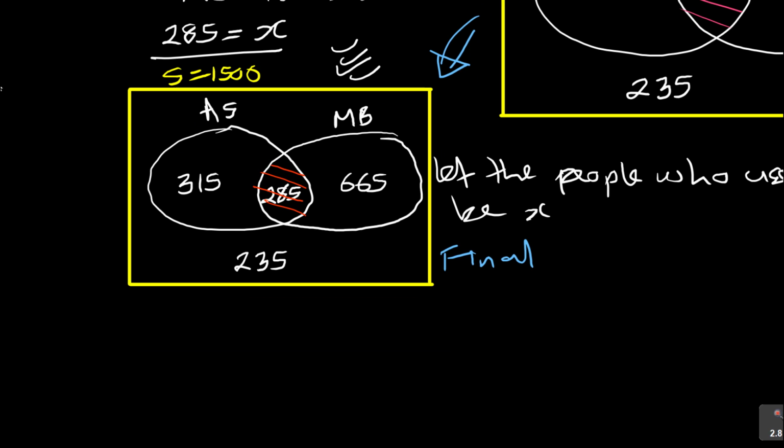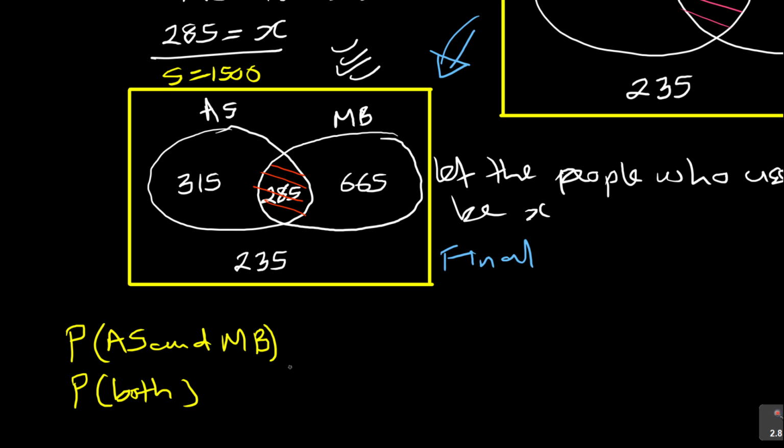So you write P, probability of AS and MB. Or you could have said probability of both if you wanted. It's still fine. So this is equal to what?